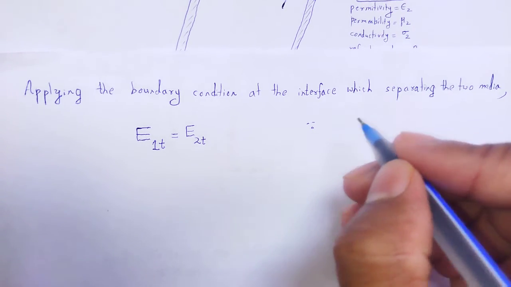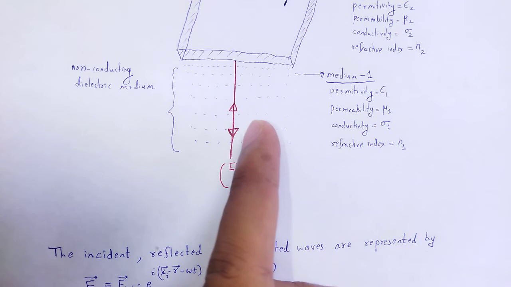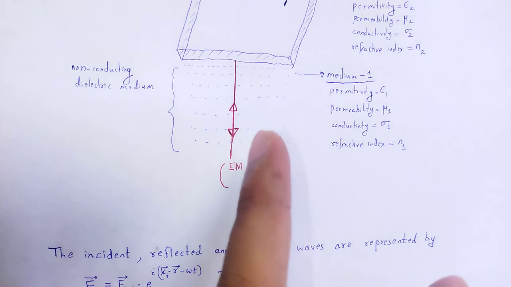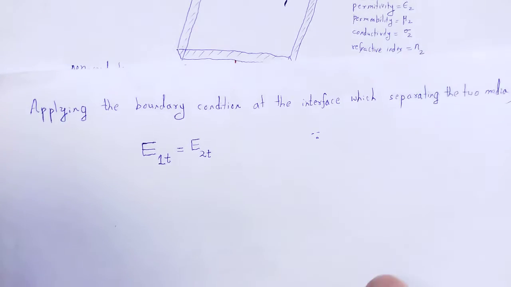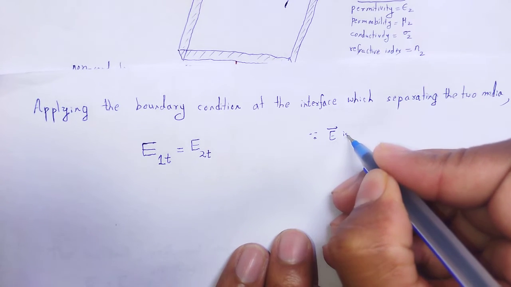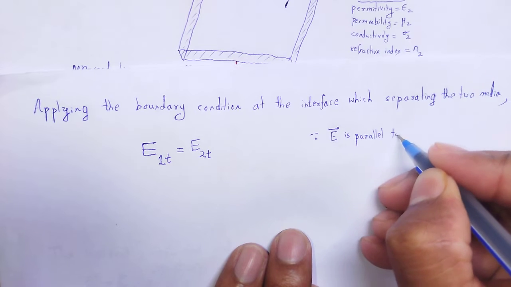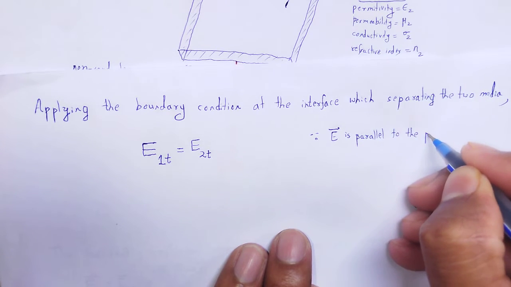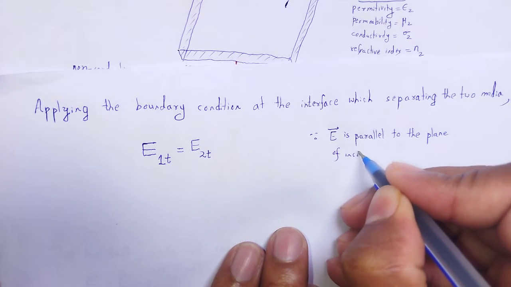Here an important point you have to notice: the component of the electric field vector we choose is parallel to the plane of incidence.